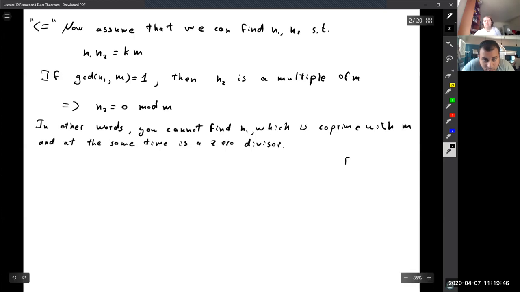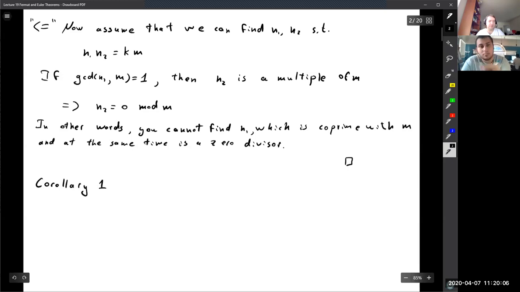So that concludes the proof of our theorem that all zero divisors in Zm are precisely the elements which are not coprime with m. And as you correctly remarked, there is an immediate corollary of this theorem.